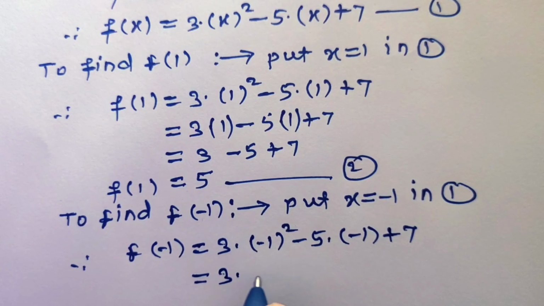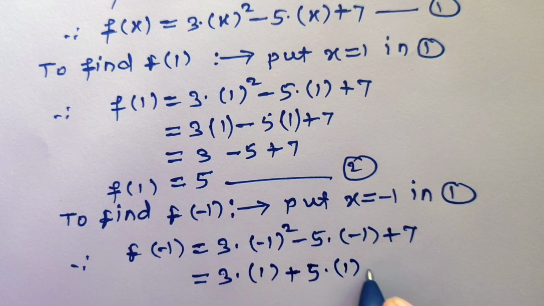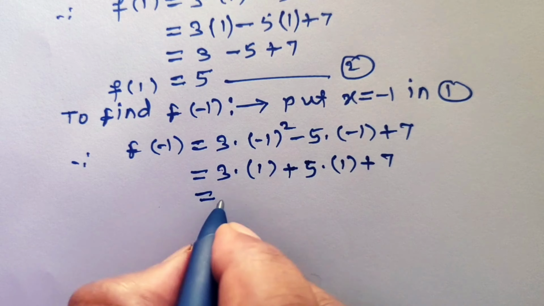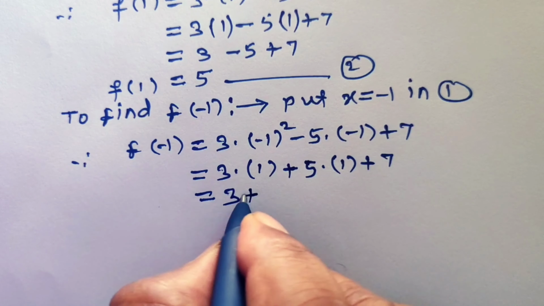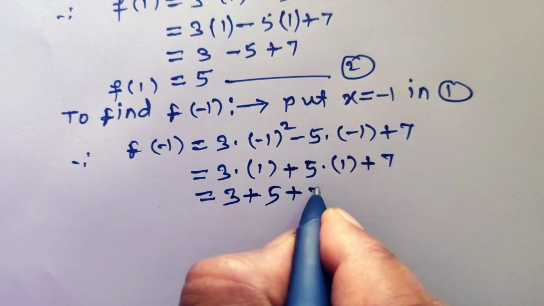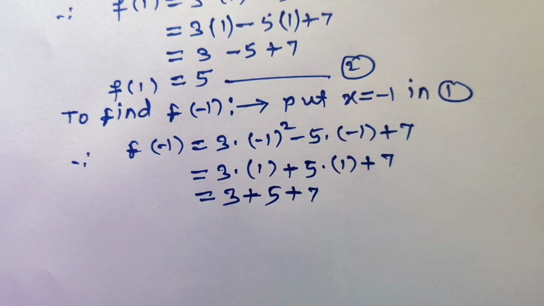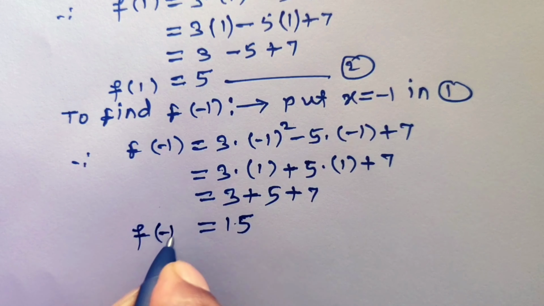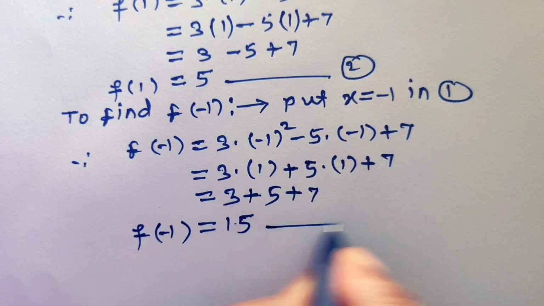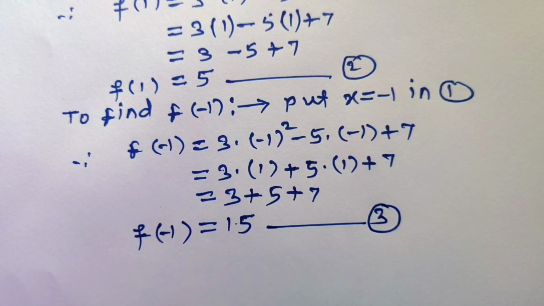Simplify this. Minus 1 square is plus 1. Hence, f of minus 1 is equal to 3 into 1 plus 5 into 1 plus 7. 3 into 1 is 3, 5 into 1 is 5, and 7 as it is. So taking addition of these three terms, 3 plus 5 plus 7, that is 15. Hence, f of minus 1 is equal to 15, and consider this as equation number 3.